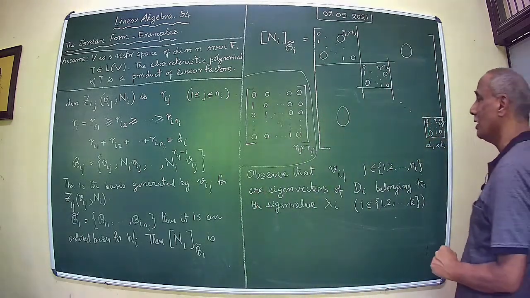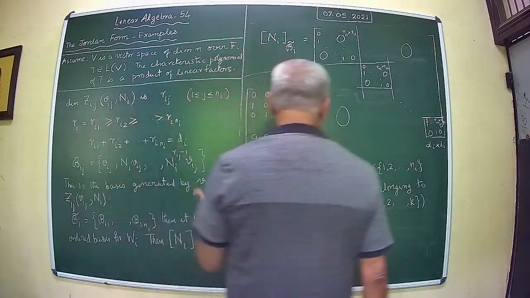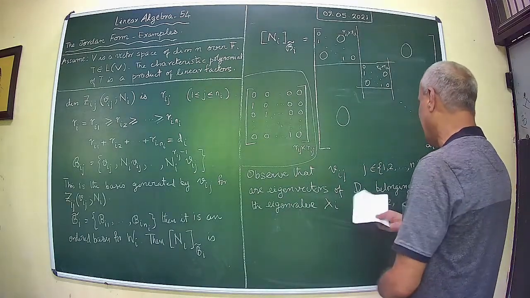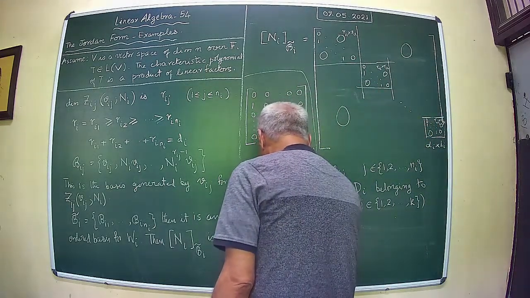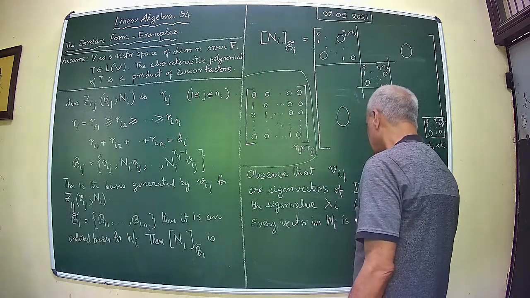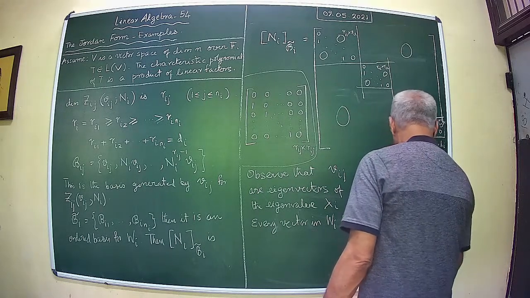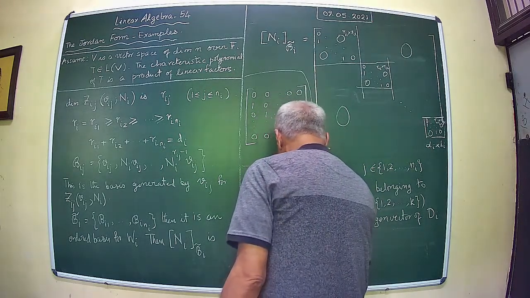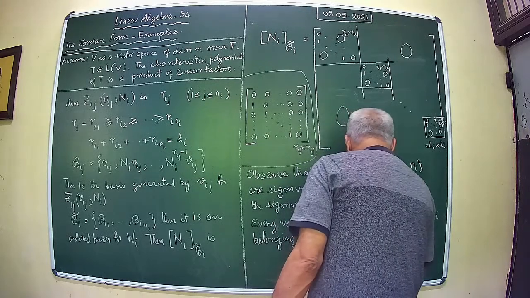Therefore, what you observe is that because the Vij's are from Wi, in fact every vector in Wi is an eigenvector of Di belonging to lambda i.